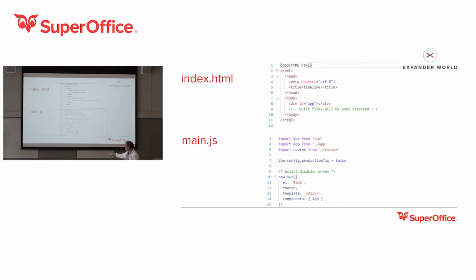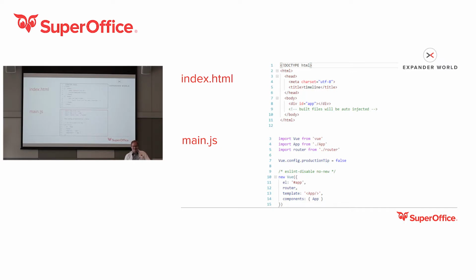And then it says, okay, create a new Vue instance, connect it to the app ID, the div up there that says app. That's this one. Put in the router. The template for this application is just the app component. And the component is called app. So that gets expanded into the rest of the application.